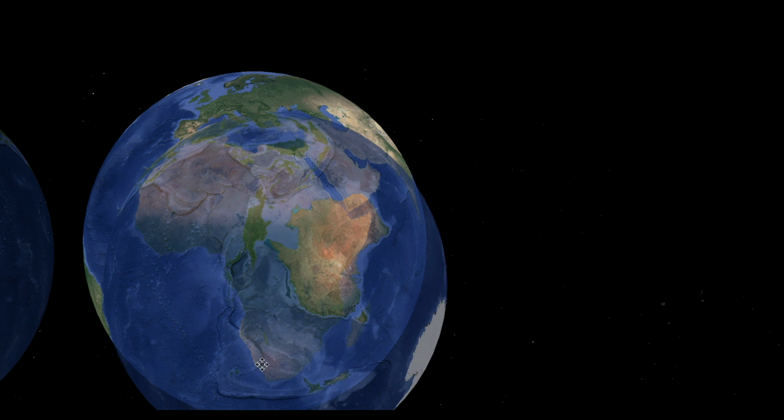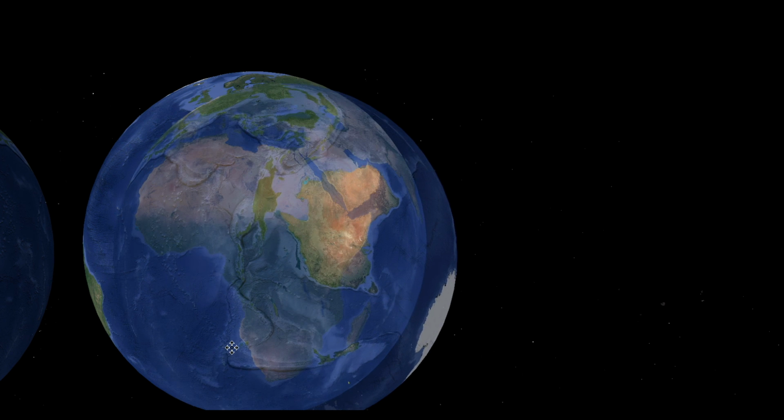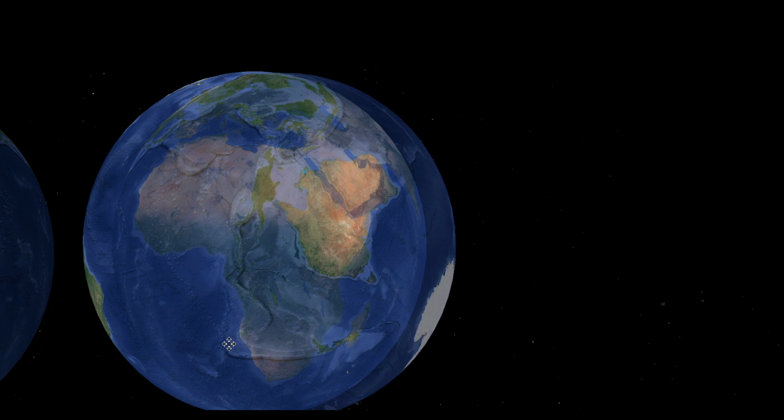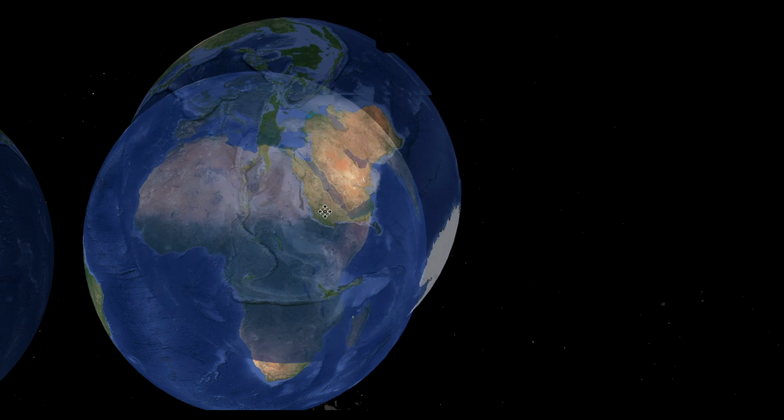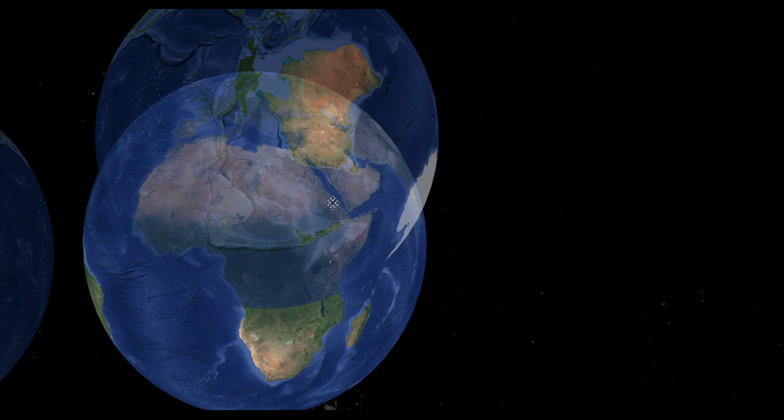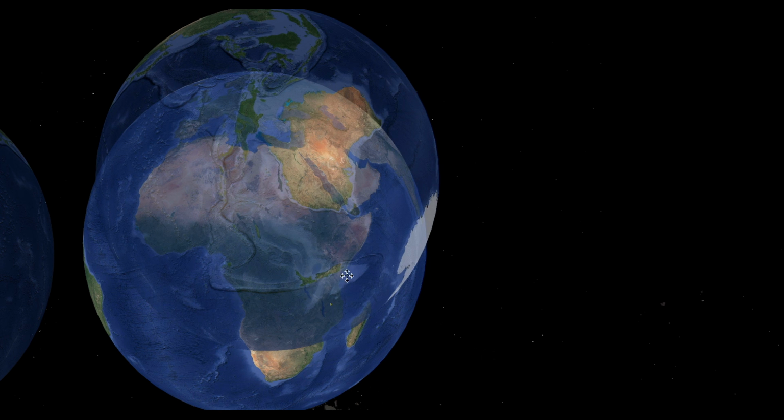Funny how the tip of Africa is the same width as this opening right here. And then things start to rotate. There's another feature that might line up here.